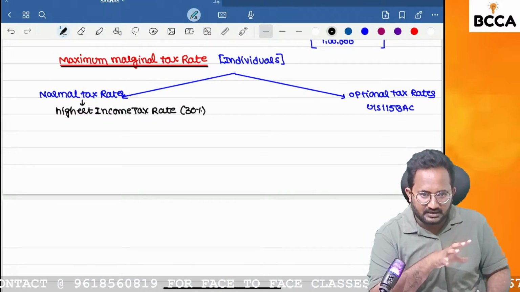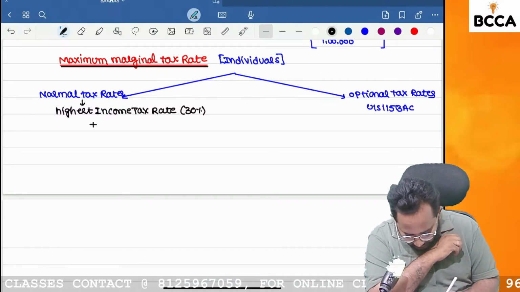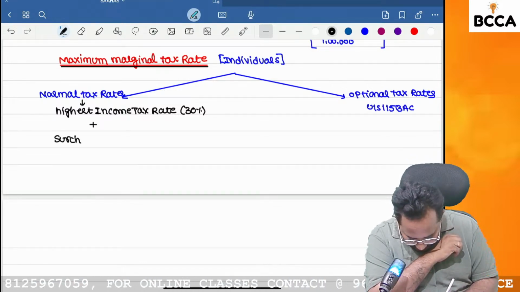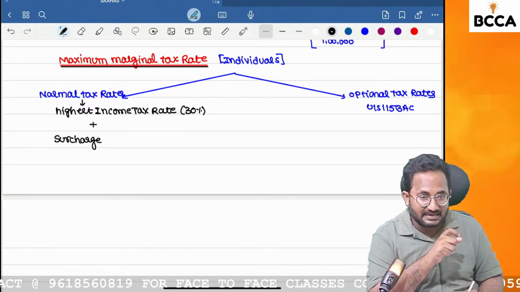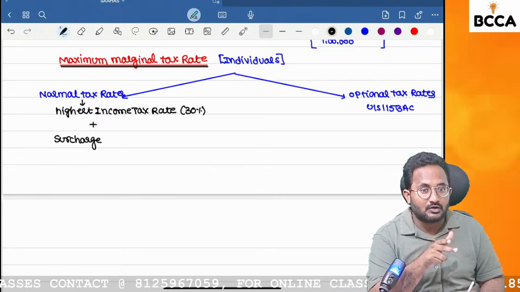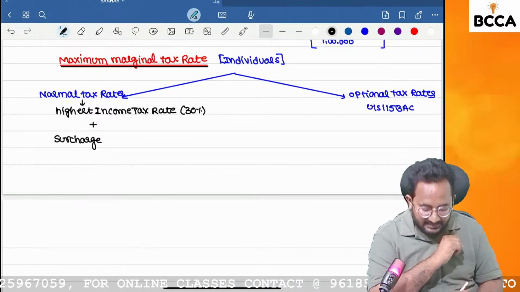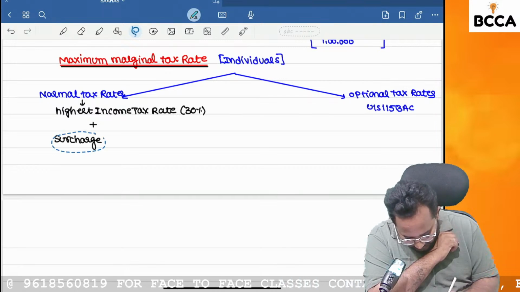For an individual, that is the maximum income tax rate. For that, we have to add the surcharge. Please make an observation. What is the highest surcharge rate in the hands of an individual if he follows the normal tax rates? Please check it out and tell me.